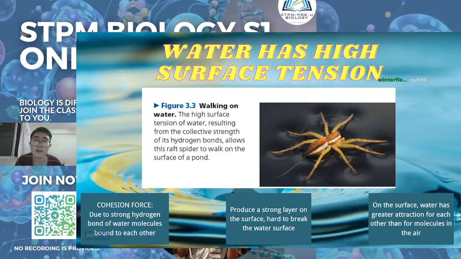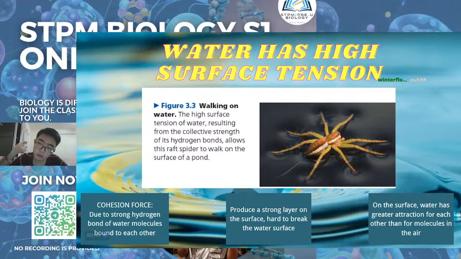I don't know if you guys have had that experience or not. When you have a pool of water and you touch the surface of the water, you will feel like the water surface is very hard. If you compare to other liquids, you will feel that the water surface is very hard.